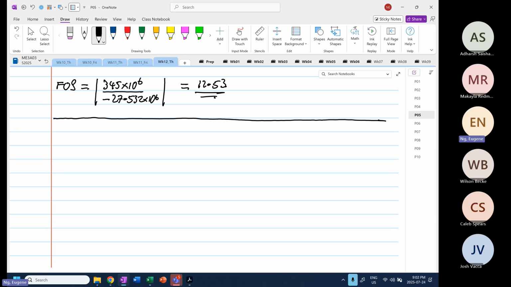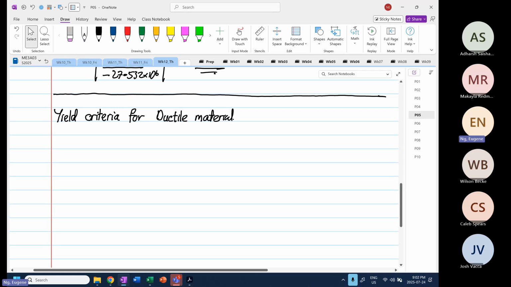And we are going to look at the yield criteria for ductile material. It's very common.